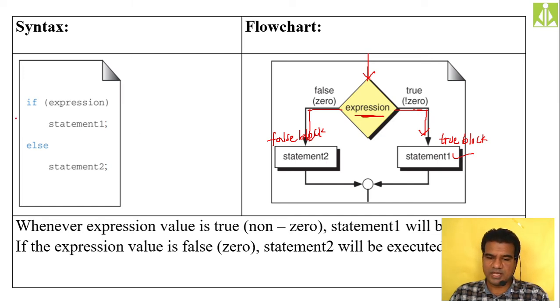Here you can see the if expression. If the expression is true, the true block will be evaluated. If the expression is false, the false block will be evaluated. The true block is kept inside the if statement, and the false block is kept inside the else statement. So this is the if else statement.